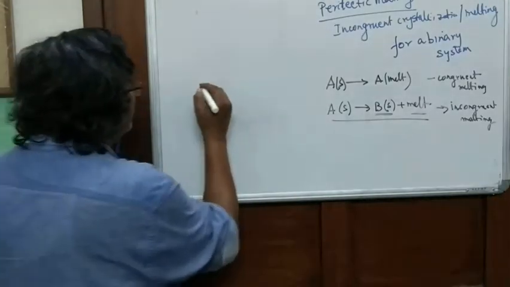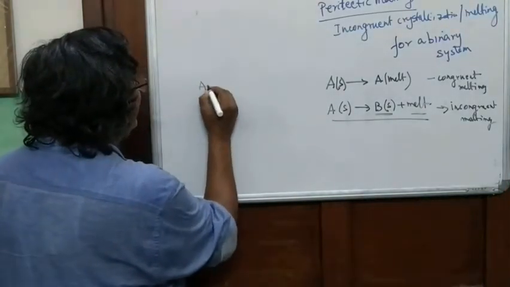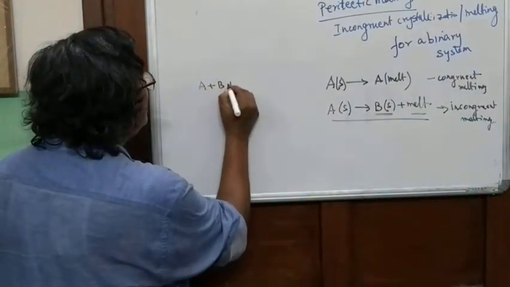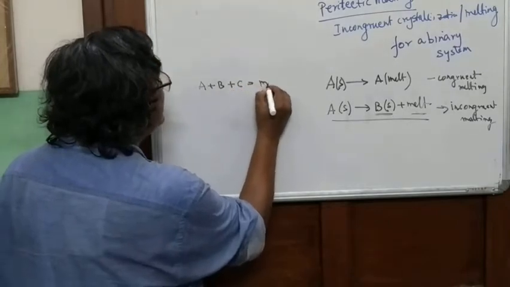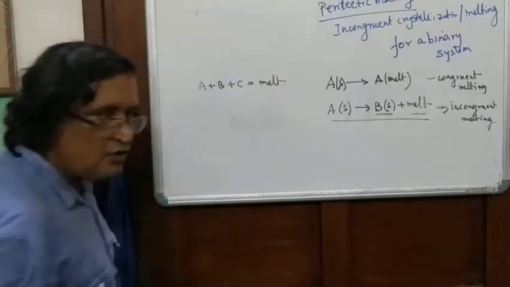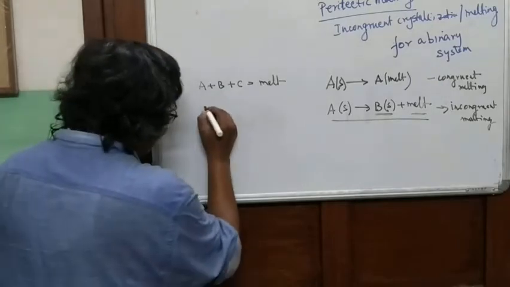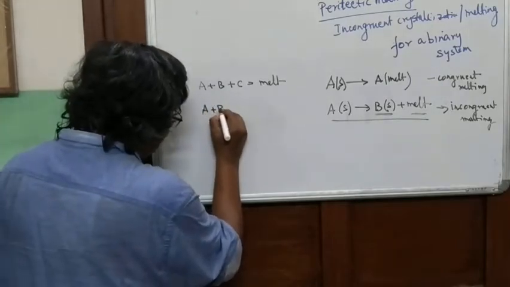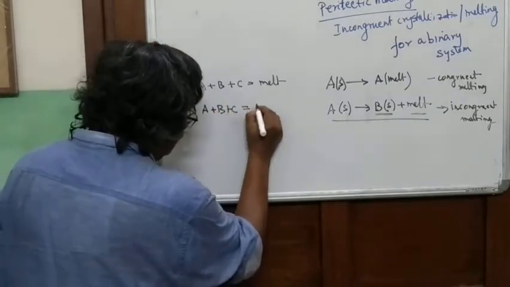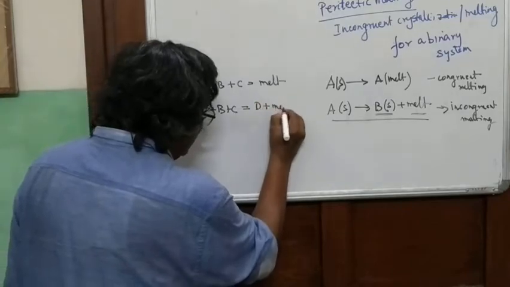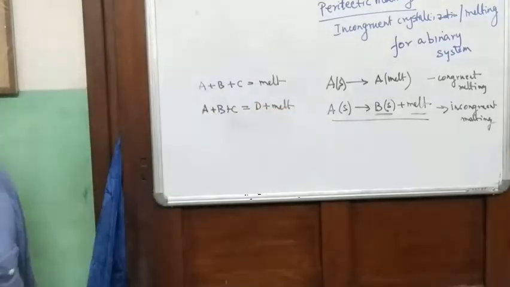I will give you another example. Say you have a mineral A plus B plus C is equal to melt. That is congruent melting. But if I write A plus B plus C is equal to D plus melt, now that's incongruent melting.